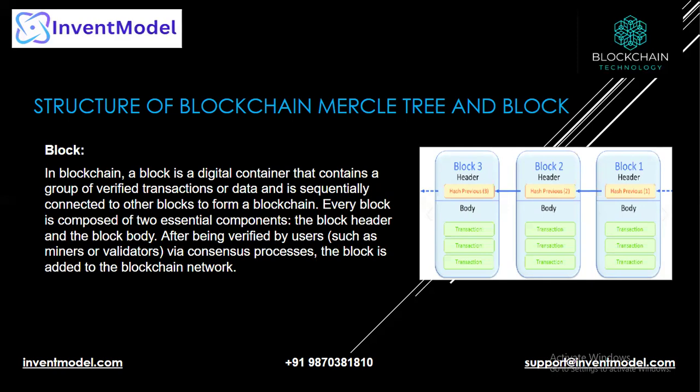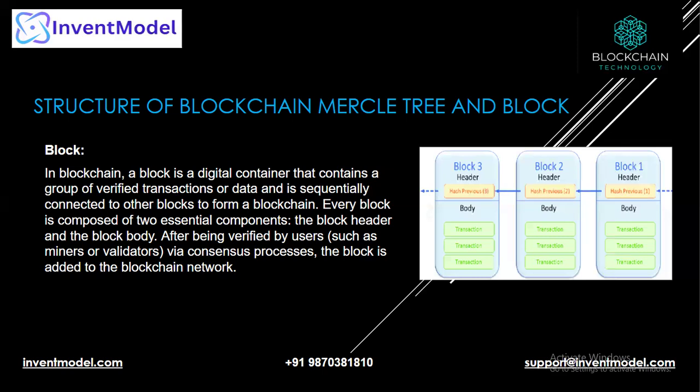After being verified by users such as miners or validators via consensus processes, the block is added to the blockchain network. So every block has data. First is the block name, second is the hash code or the merkle root, and third is the body.